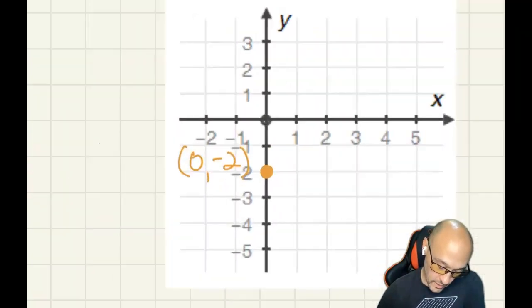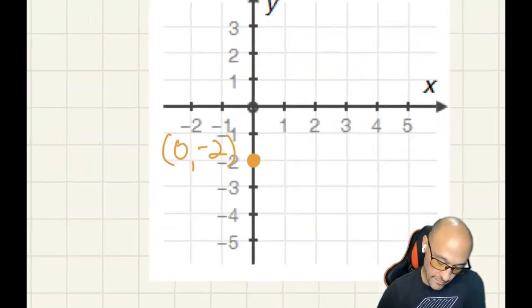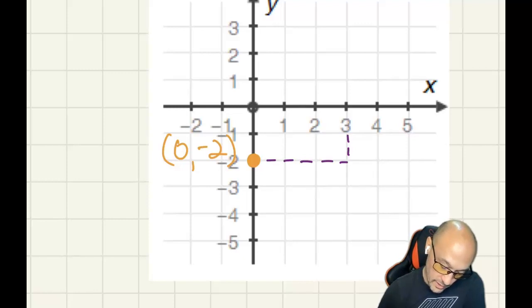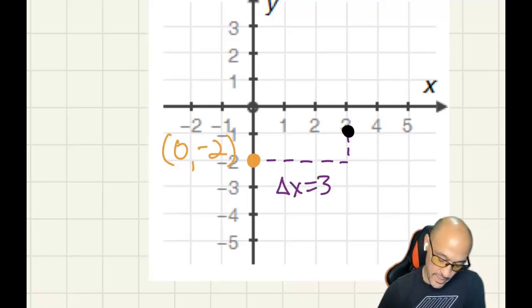So I can look at our graph here and go to the right 3 and then up 1. And then there will be another point right there. So I'm going to write in here delta x equals 3, to the right 3 from that point, and delta y equals up 1 from that point.